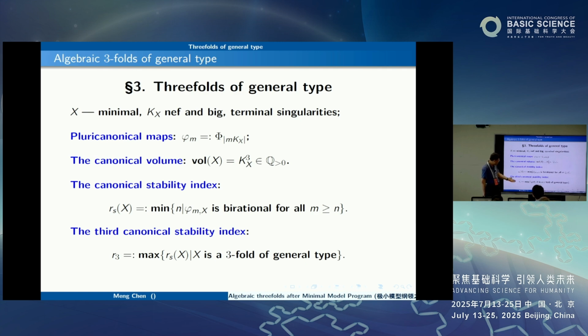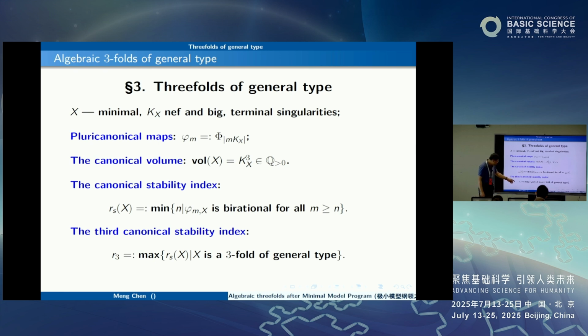This is the maximal canonical stability index. So this is a global quantity for threefolds in birational geometry in dimension 3. So this is an important number. For example, in the curve case, R1 is 3. In the surface case, R2 is 5. So how about in dimension 3?